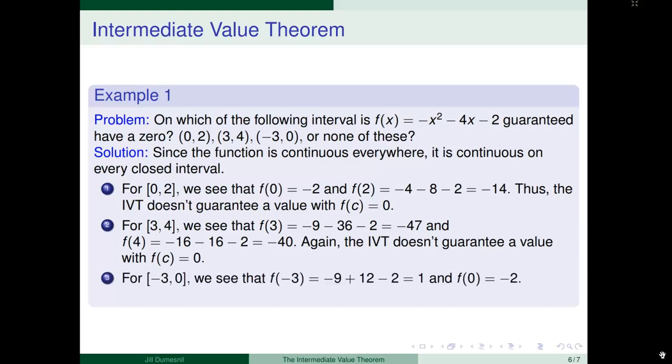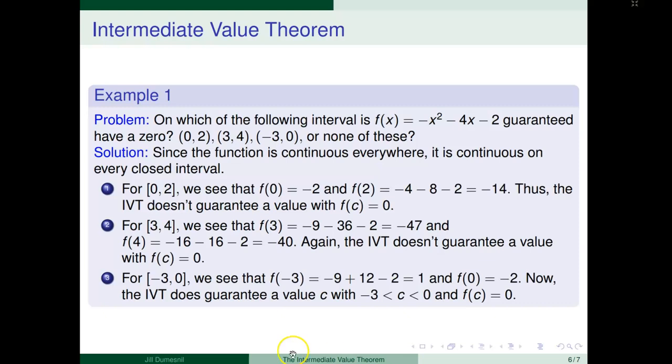Finally, for the closed interval from -3 to 0, we see that f of -3 equals 1 and f of 0 equals -2. Since 1 and -2 have different signs, this time the Intermediate Value Theorem does guarantee a value of c between -3 and 0 with f of c equals 0.